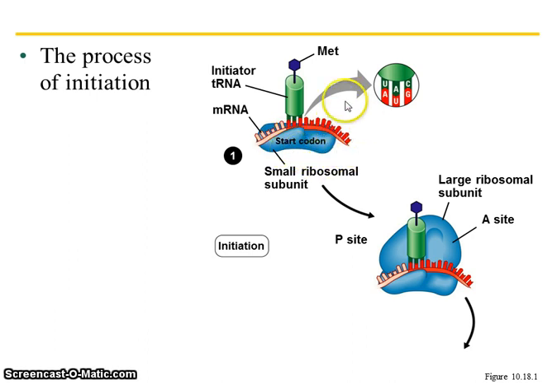To start, methionine, the first amino acid, binds to the mRNA and comes into the small subunit of the ribosome. Now we're ready to get started. What happens next is the large subunit comes in, and we've got our whole setup ready to go.